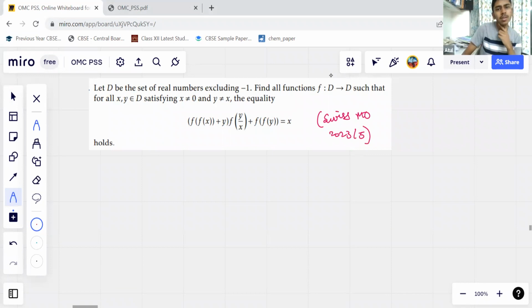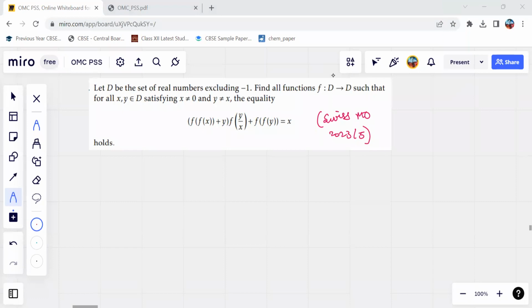Okay, also x not equal to 0, y. So wait, why is y not equal to x? That's weird. X not equal to 0, I understand. Yes, also to clarify, this is not ISL. The ISL problems would not have been posted on AOPS.